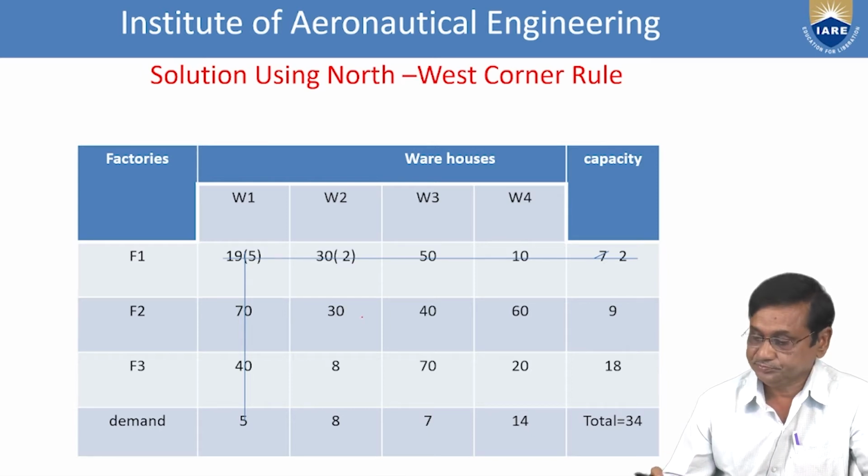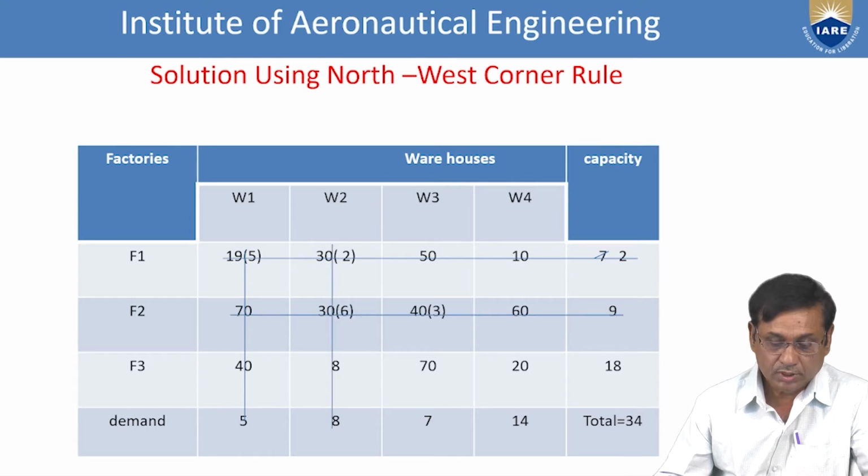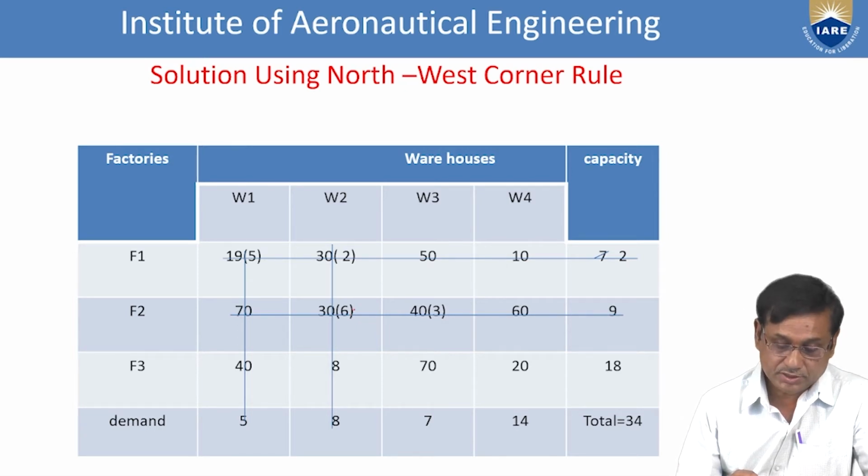The next northwest corner cell is 30 in the second row, and demand is 6 units and availability is 9 units. So allot 6 units and cross out the column satisfied.